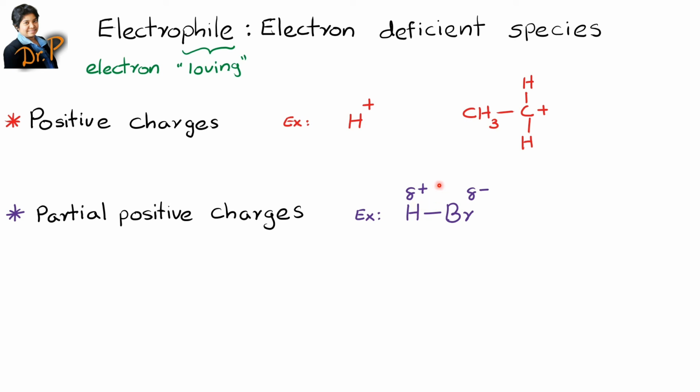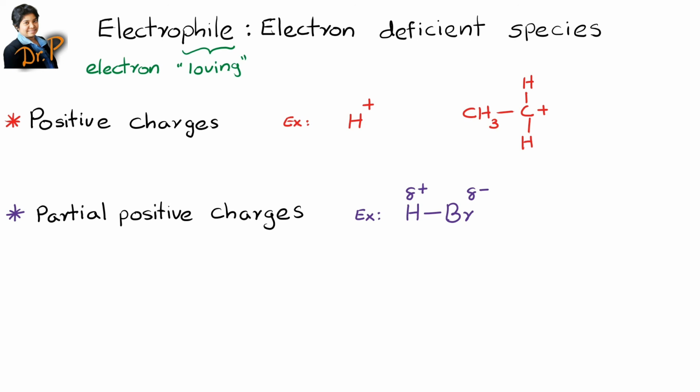So if you see a charge with the delta sign, that always implies you have a partial charge, not a full charge. Now in this given example, the HBr bond, what acts as the electrophile is this positive end, the end that feels electron deficiency, not the whole bond.